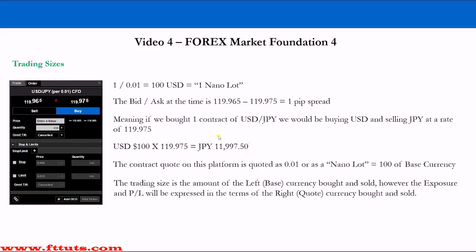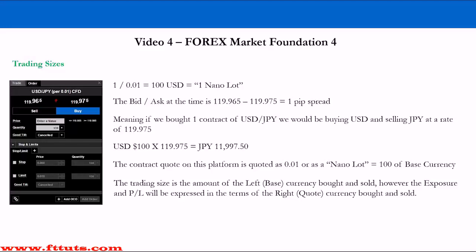The exposure and P&L, as in the previous example, is going to be worked out in the right-hand side currency. The contract quote on the platform is quoted as 0.01 or as a nano lot, and this equals 100 of the base currency.